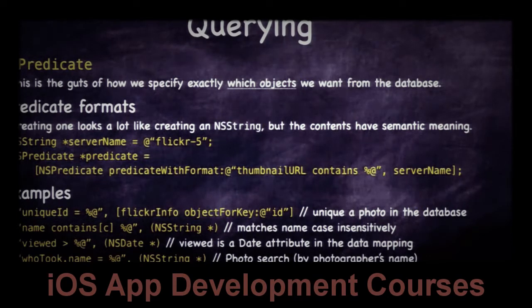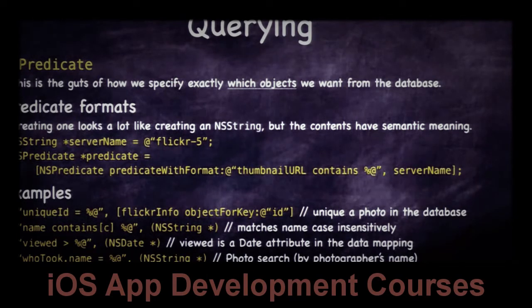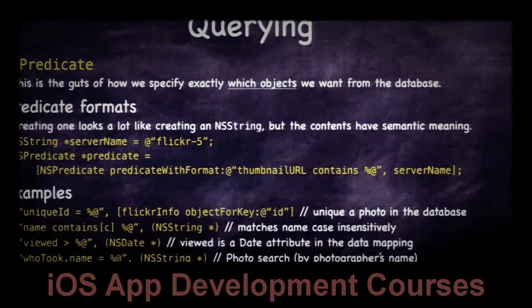Okay, so that's part of the thing. You can have greater than and less than. So if I had a date property called viewed, I could say if viewed is greater than a certain date, like today's date, for example, or it would be, I guess, less than today's date, or less than today's date minus 24 hours, or whatever. You can use dot notation to follow relationships. So you can say whoTook.name equals CS193P instructor, right?